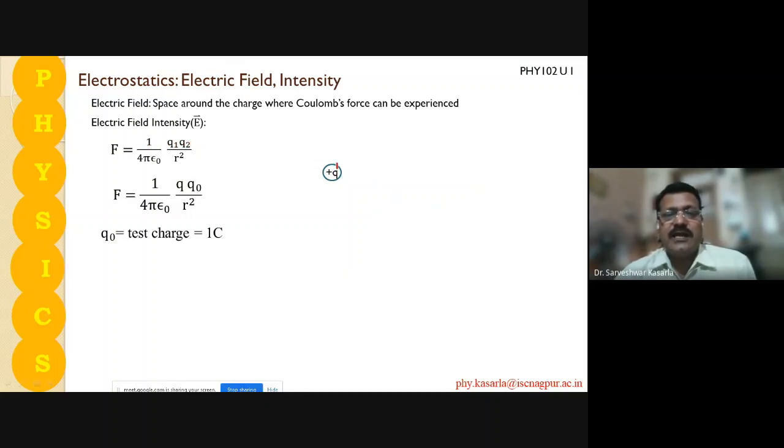If there is a charge q, and surrounding this charge you put some test charge somewhere, then the force experienced by this test charge will be equal to this much. And if q0 is the test charge of say 1 coulomb, then the force will become like this.